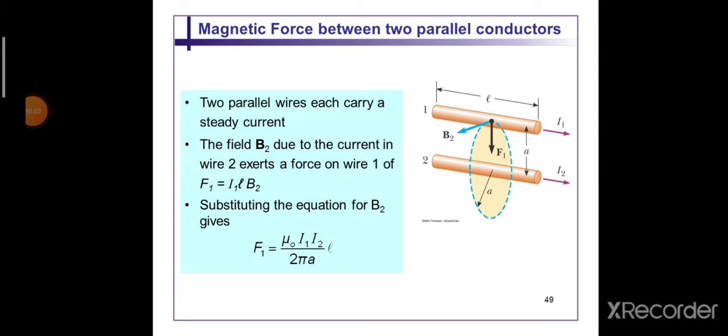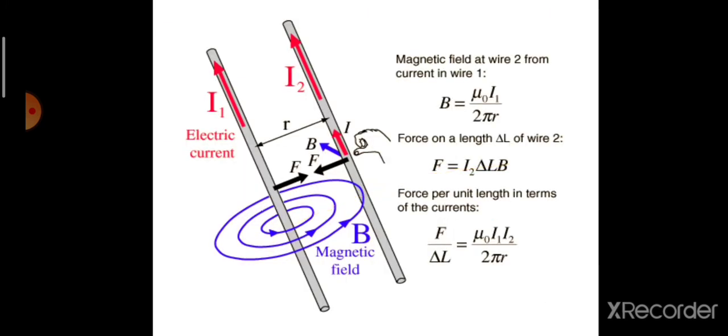So the force on the first wire due to the second wire is given by mu 0 I1 I2 by 2 pi A into L. So we have seen that force per unit length will be given by F by L, which is mu 0 I1 I2 by 2 pi R, where R is the separation distance between the wires.